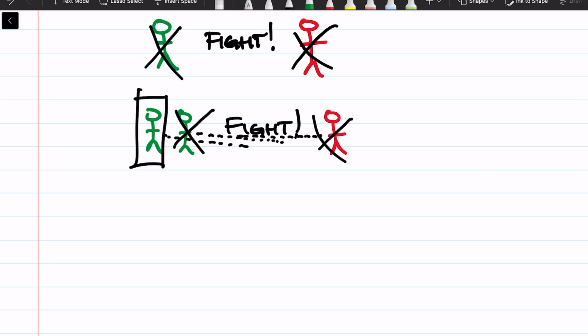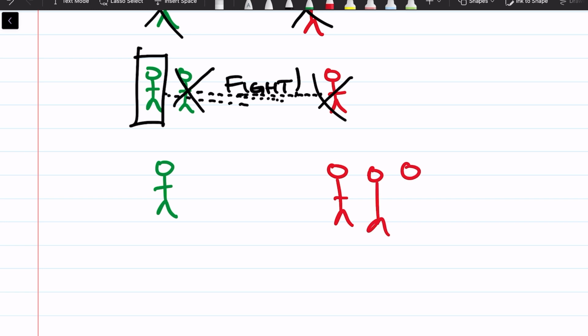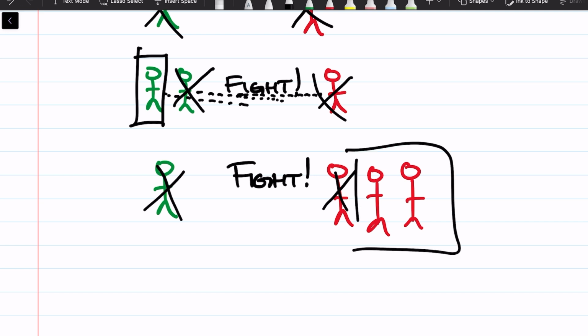So you can imagine that if we have something like one person in the Green Army and two people in the Red Army, or let's make it three, and they do the same thing, they fight, then one bullet from the red and the green hit each other, and now you get these two people who are left and who survive.